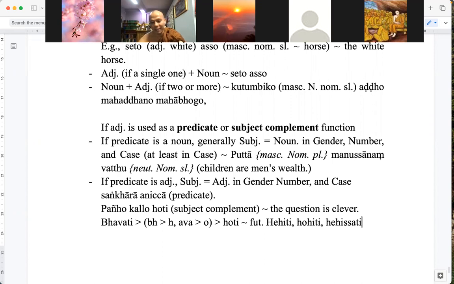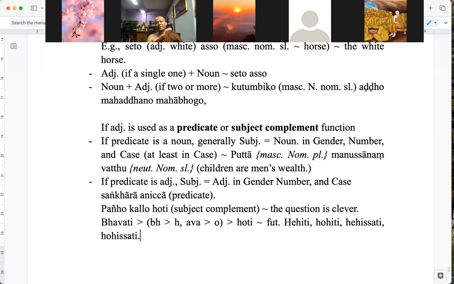Very complicated, you see. Hehiti, and so on. Very complicated and difficult to remember. Of course, that is the higher level, advanced level. Okay, I got it. Thank you so much, Bante. Okay, welcome.